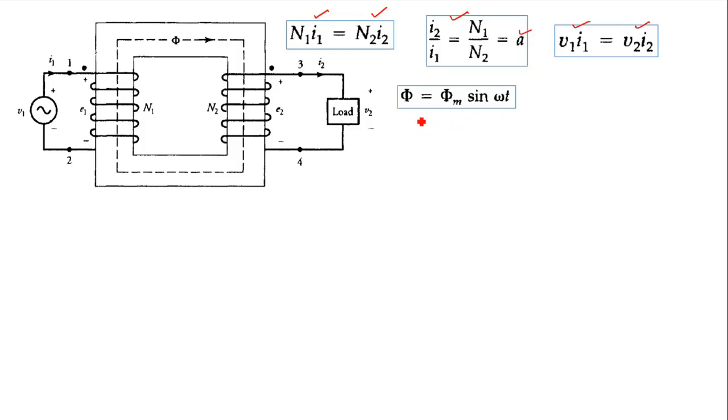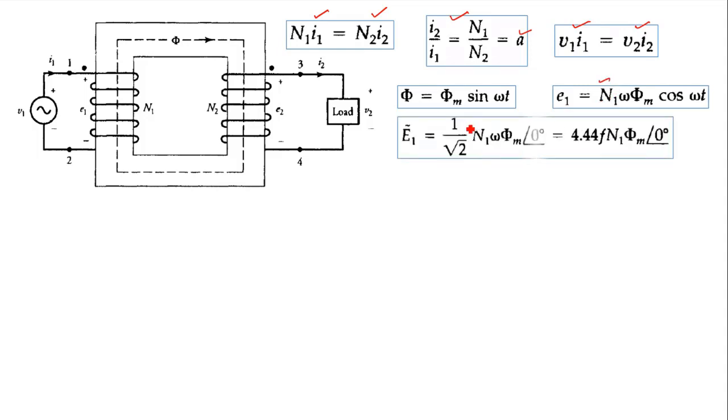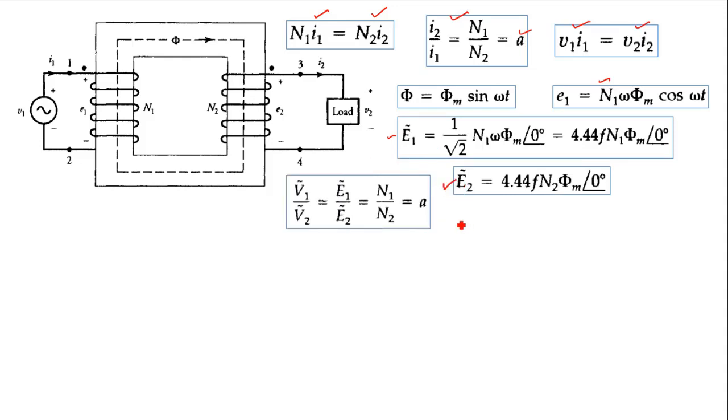And if we consider phi equal to phi m sine omega t, then your induced EMF will be this, and obviously we found the RMS value of the induced EMF on both sides, primary side and secondary side.